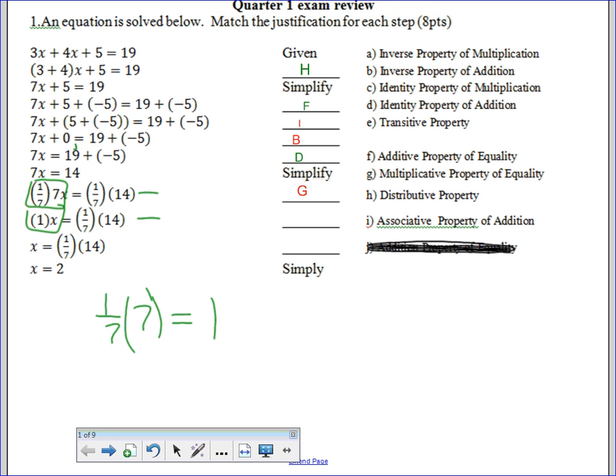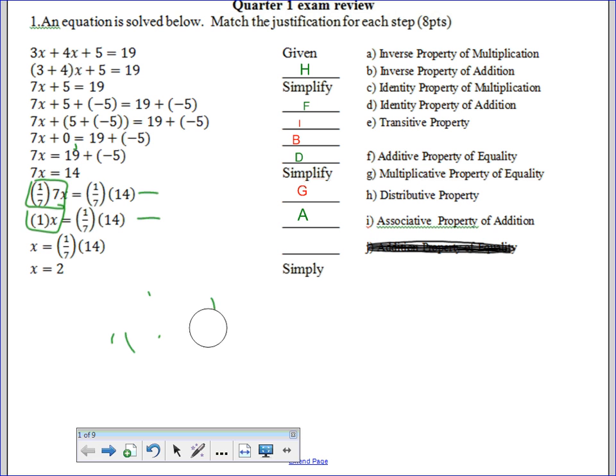Now we did change the identity. If we multiply anything times its reciprocal, we get 1, or anything times its inverse. And when we see that, that's an inverse property, and we multiplied, so it's the inverse property of multiplication.